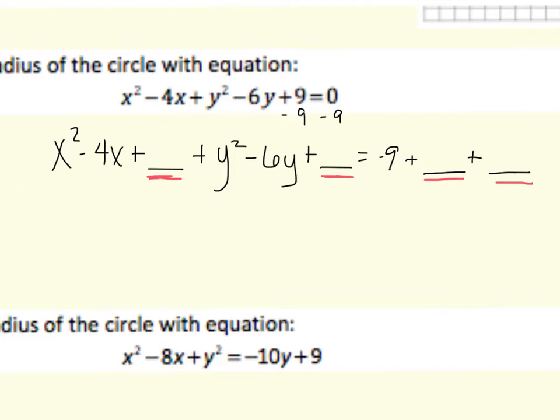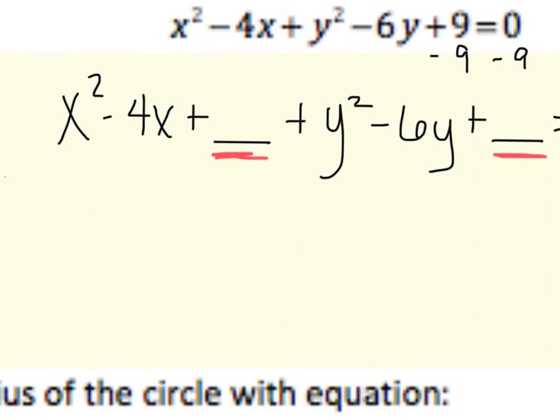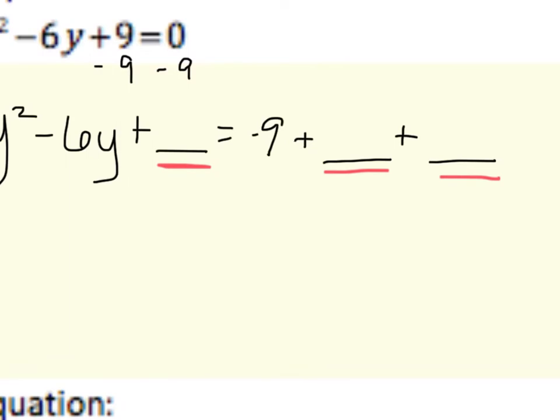Here's the trick that will get you to do that. You take the middle number of negative 4, divide it by 2, and square it. Negative 4 divided by 2 is negative 2, and negative 2 squared is 4. So a 4 will go in this blank, and a 4 will go in the blank on the other side of the equal sign.